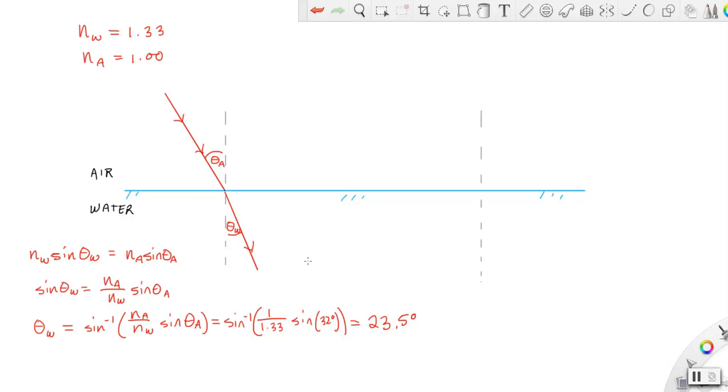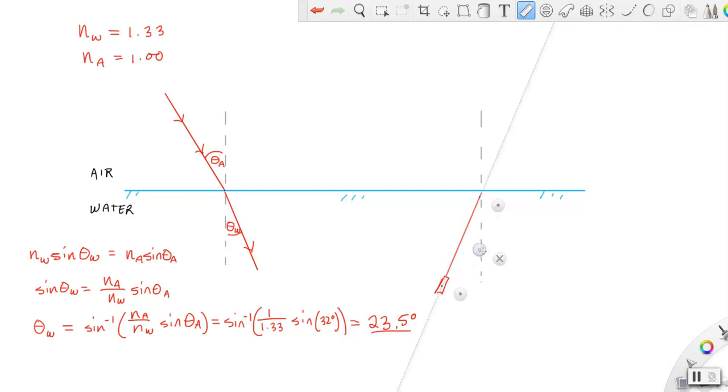I want to try a new thing here where we have like a laser pointer that shines out of the water, and we want to shine out of the water at 23.5 degrees. So if we go about that process at this new angle here, at 23.5 degrees, I'm going to go ahead and draw it at that same 67-degree angle, because like I said, I don't have a 66.5 degree angle.